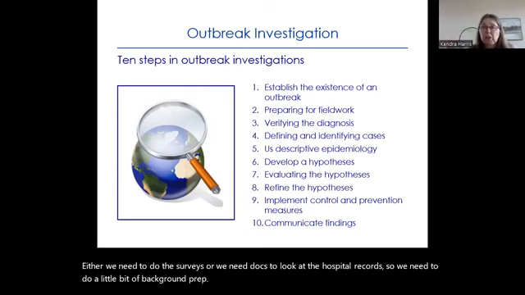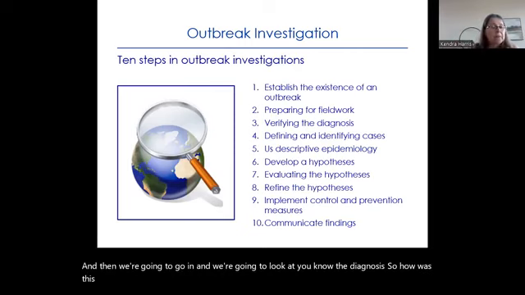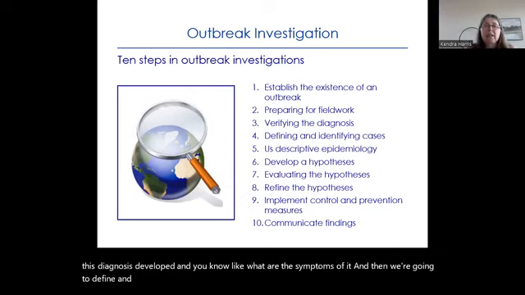And then we're going to go in and look at the diagnosis. How was this diagnosis developed? What are the symptoms of it? Then we're going to define and identify cases, obviously. And then we're going to use descriptive epidemiology to develop a hypothesis.